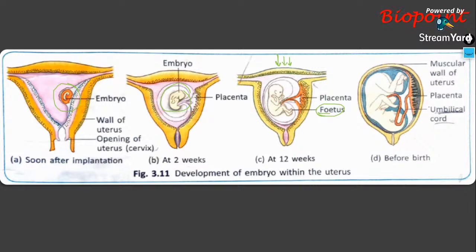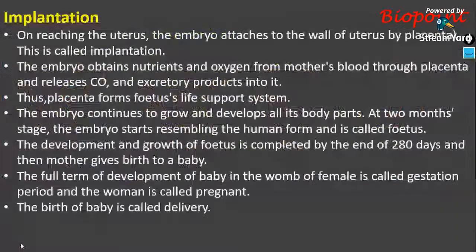And finally, through the help of placenta and umbilical cord, the human fetus is growing inside the uterus. So this shows the development of embryo within the uterus, till fetal stage. As I have already mentioned, we are going to study about implantation.